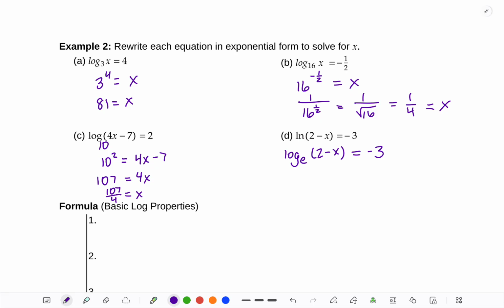So ln is just shorthand for log base e. So rewrite it, we get e to the negative 3rd equals 2 minus x. Add x to both sides, so we get x plus e to the negative 3rd equals 2. Subtract e to the negative 3, so we get x equals 2 minus e to the negative 3 as our answer.